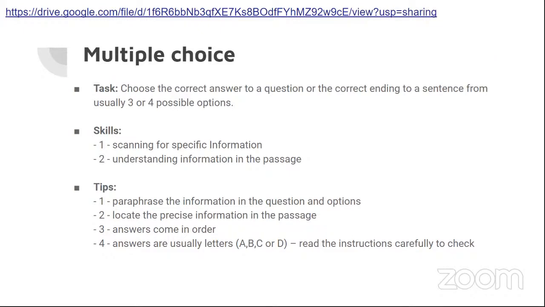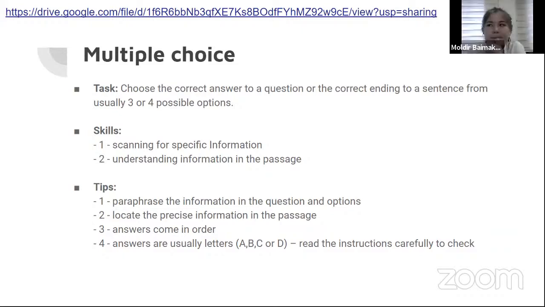Because it is time consuming to find the right answers.